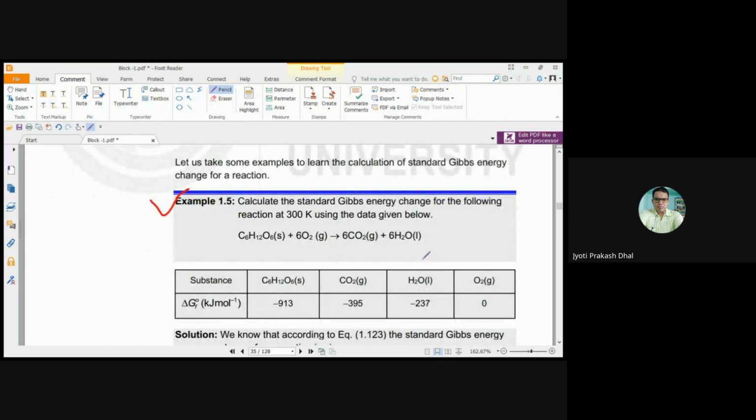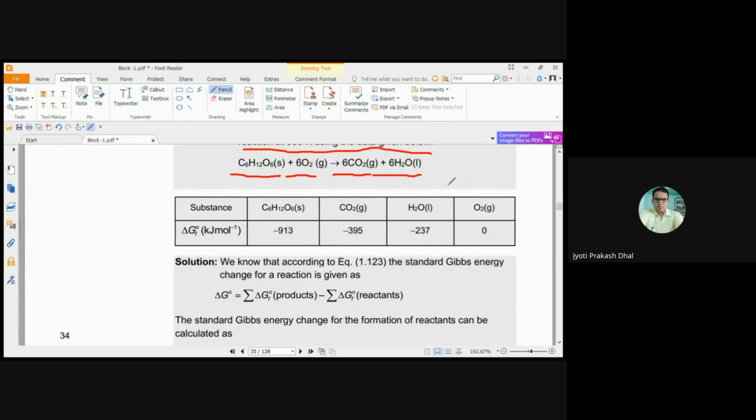For example, let us consider one example, that is 1.15: calculate the standard Gibbs energy change for the following reaction at 300 Kelvin using the data given below. And here the equation is like this: glucose, C6H12O6, will undergo oxidation to form carbon dioxide and water, and some amount of energy will be released.